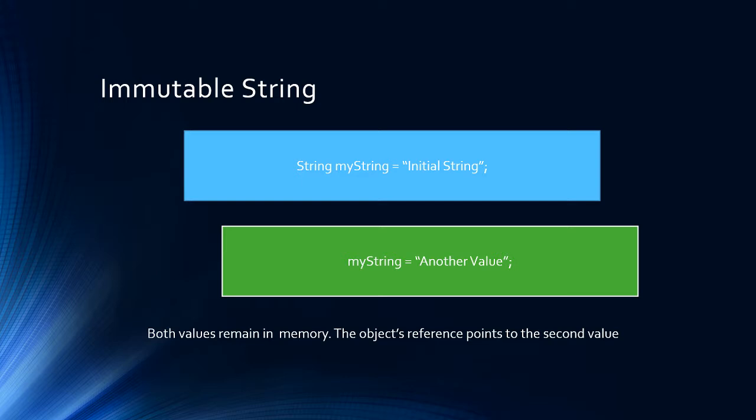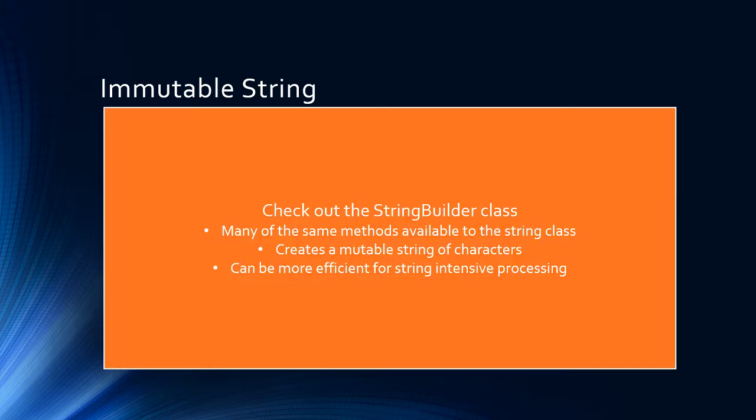The object's reference points to the second value, the current value. So that's the reference location that would be referred to. This old string, the initial string, is just hanging out there in memory, taking up some space, but not really something that we can do anything with until the string is disposed of.